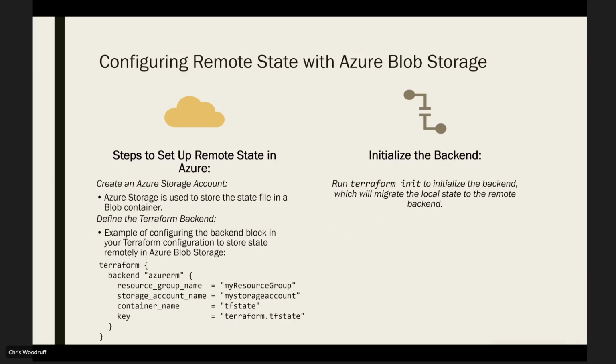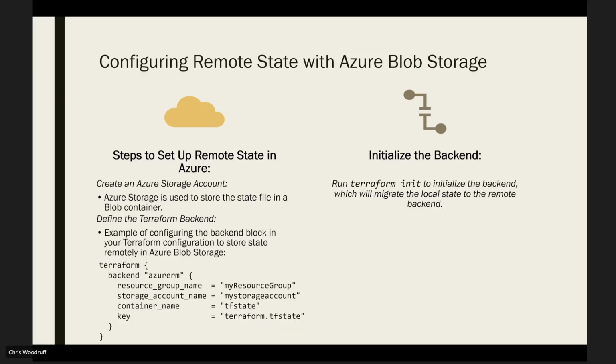storage blob. And then when you run your Terraform init, that will initially run through, and it will create that blob storage out in Azure, which will then be used to keep your state.